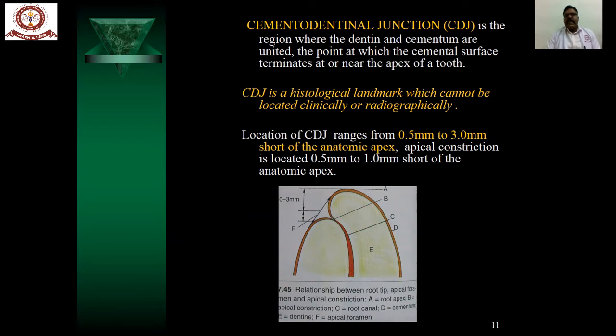You all know that the apical constriction is located 0.5 mm to 1 mm short of the anatomic apex. So this is regarding the location of the CDJ. The location can range from 0.5 mm to 3 mm short of the anatomic apex.